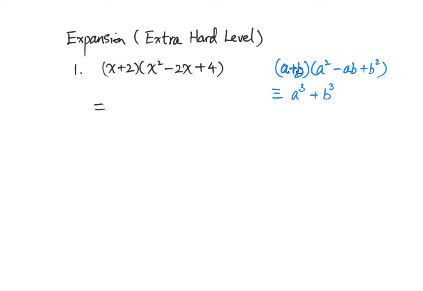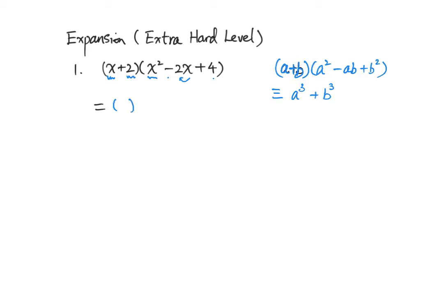Here a is x, b is 2, so x² means a², minus ab, and plus b², which means 2 squared, which is 4. So it is exactly the same form as the sum of two cubes, and we can apply it directly.